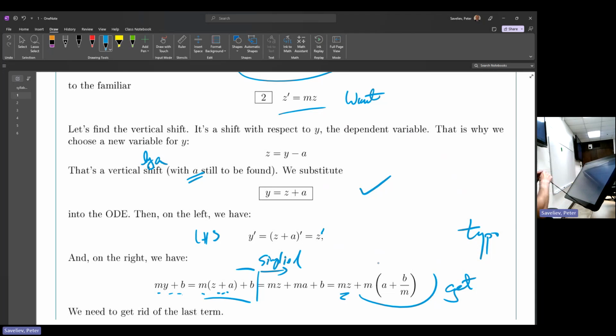How do we get rid of the last term? Can't algebraically get rid of it, is what it is, but the term depends on A. That's our way out. So what do we do?